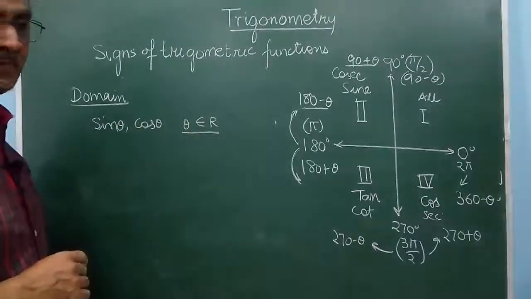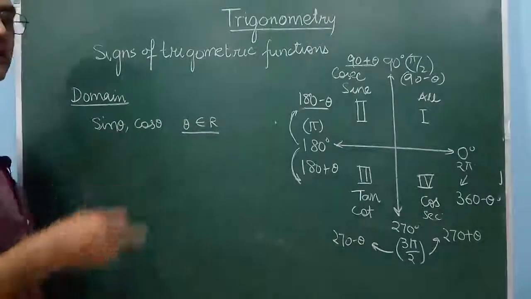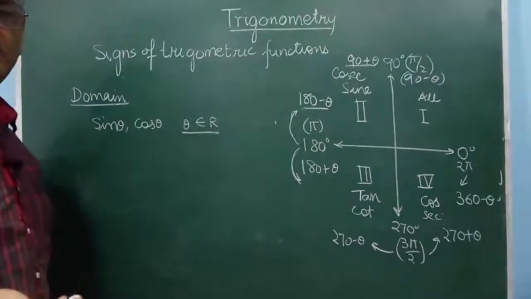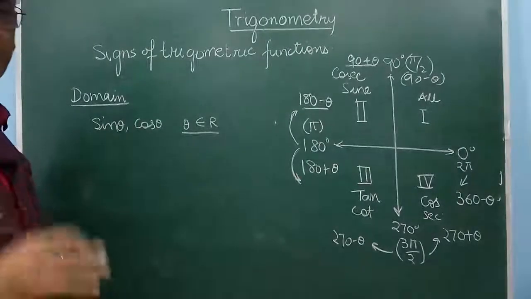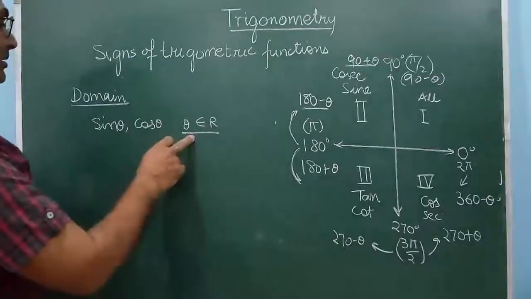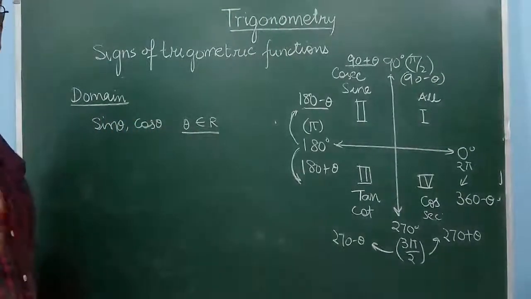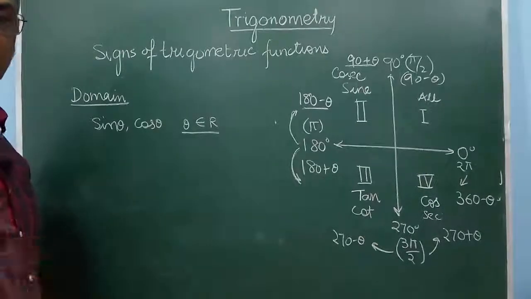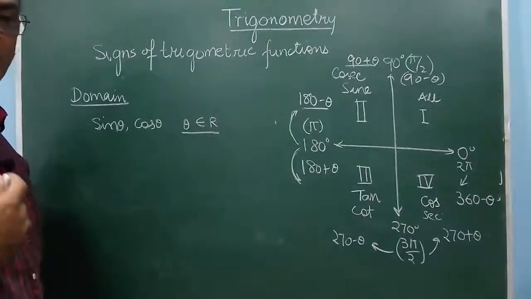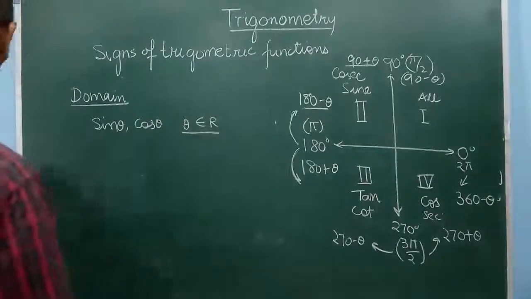Why? Because the value of sine and cos will be from -1 to 1, whatever the angle. So here the domain means the value of theta can be any real number, whether positive, negative or fraction, all sorts of numbers you can give.